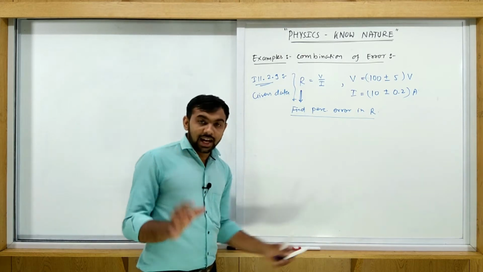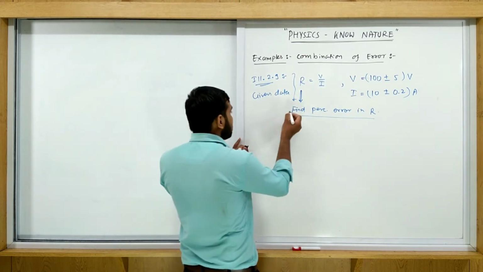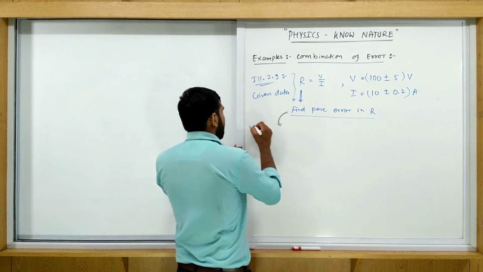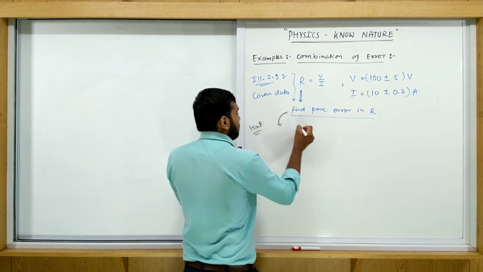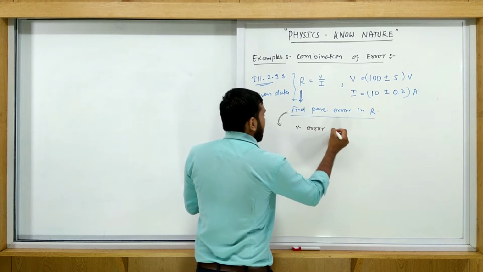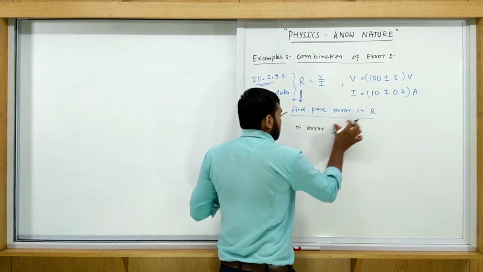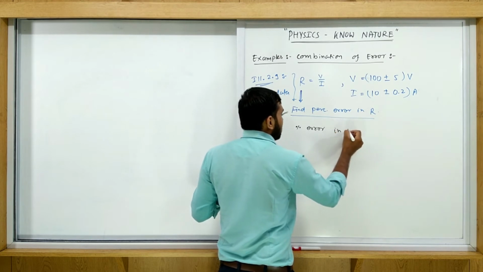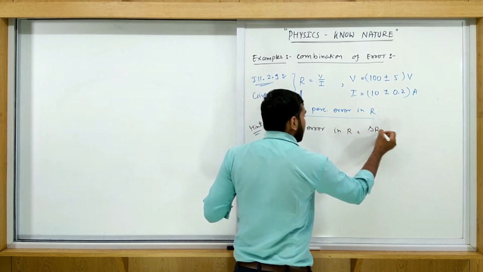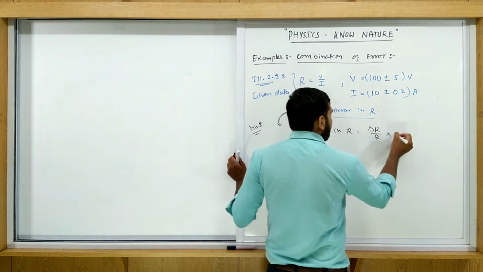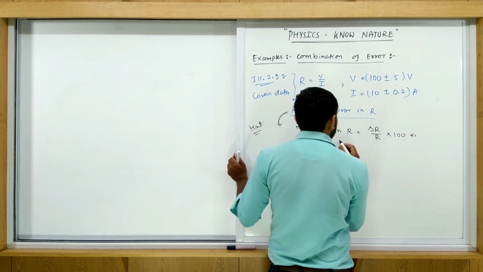So how do we write the percentage error in R? Percentage error in R is equal to delta R upon R multiplied by 100%.